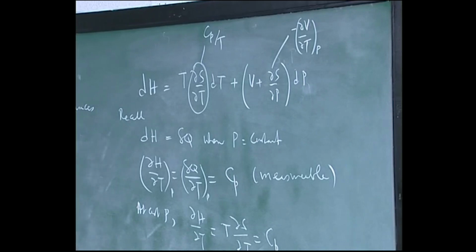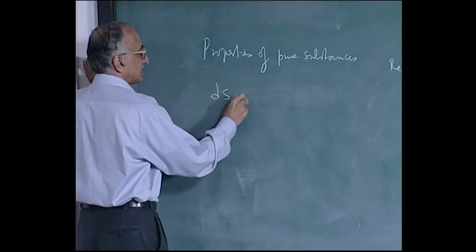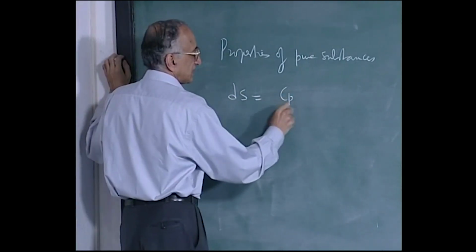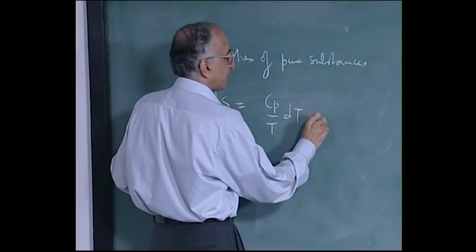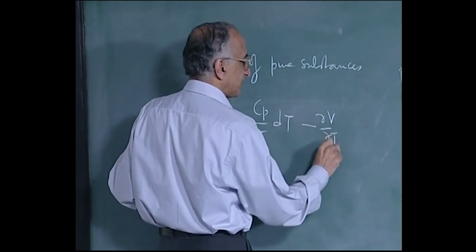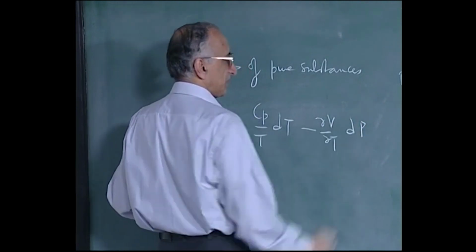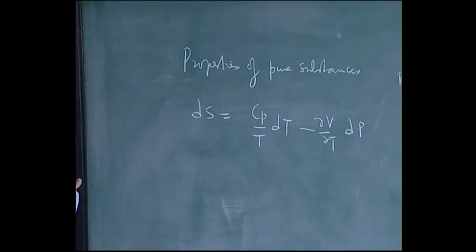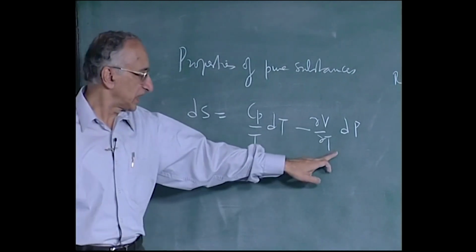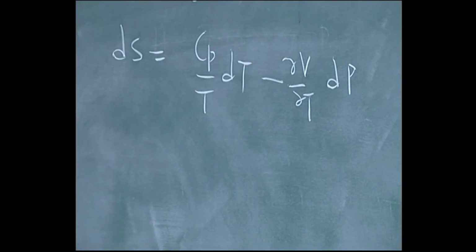So I have 2 equations, one is an equation for S which says dS is equal to Cp by T dT, plus S with respect to P, which is the same as minus V with respect to T, dP. I will not bother to write P constant here, it is understood from the context, or you can go back and put it down.